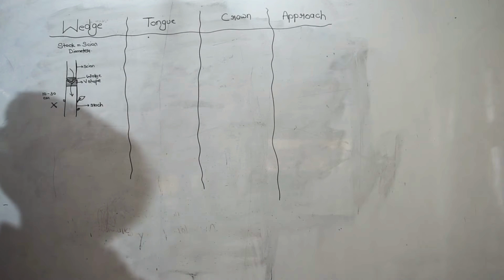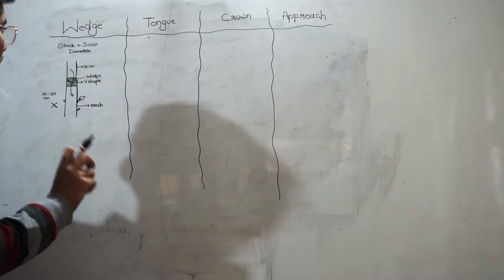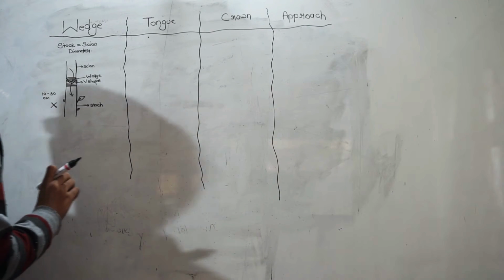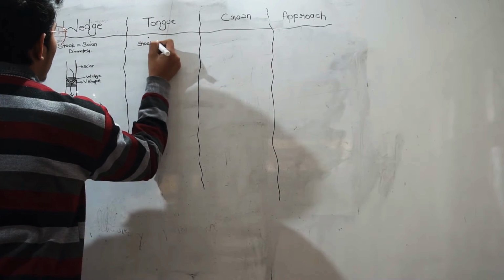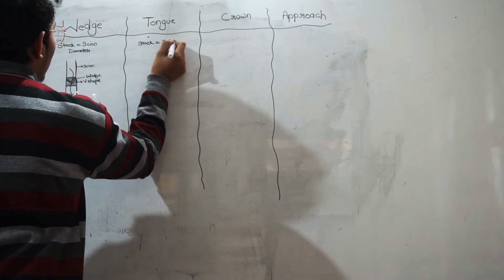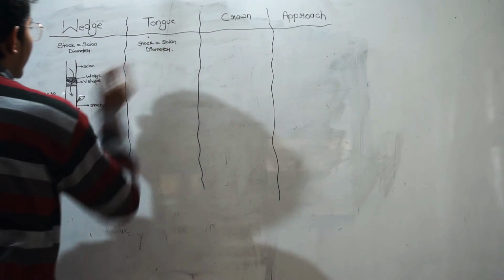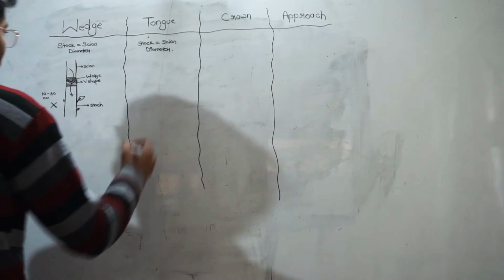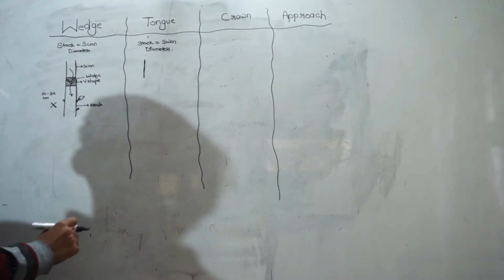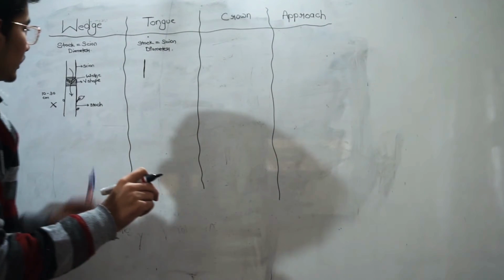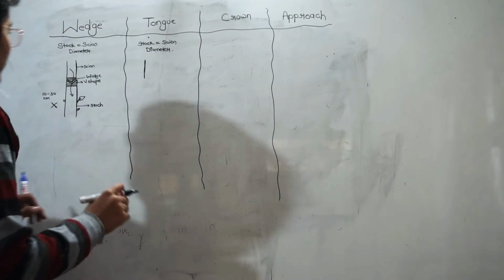Now after this, in a tongue shape grafting, here also the diameter of stalk and scion need to be the same. The only difference between the wedge and tongue is that here the cut is in a different shape from the wedge type of grafting.